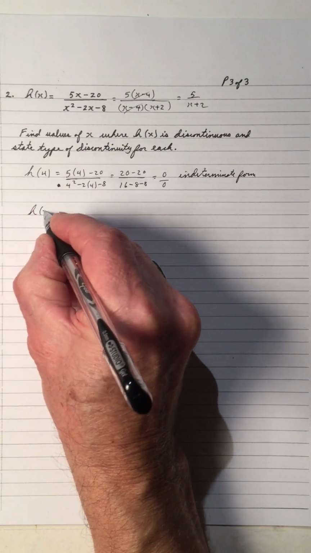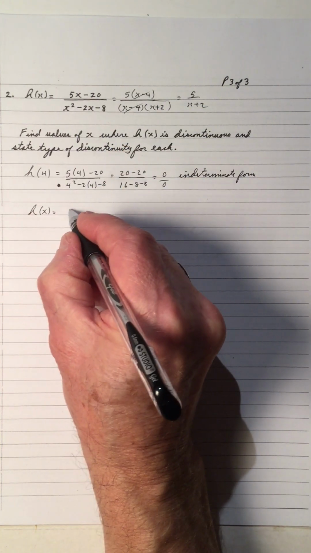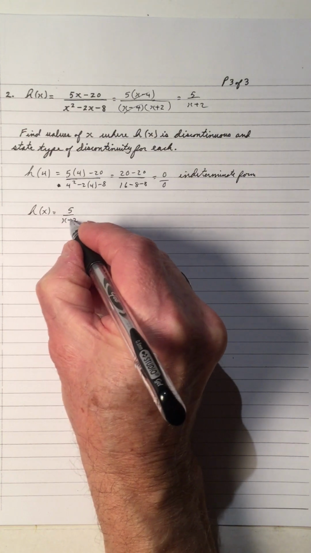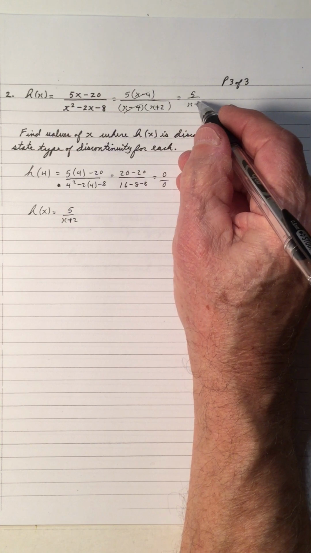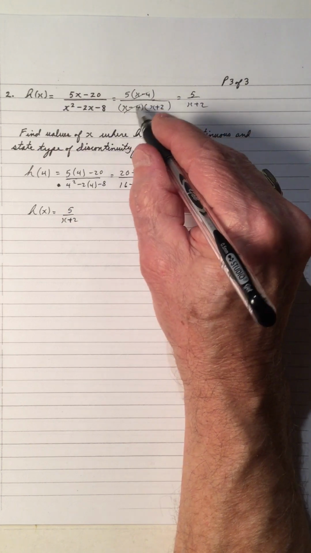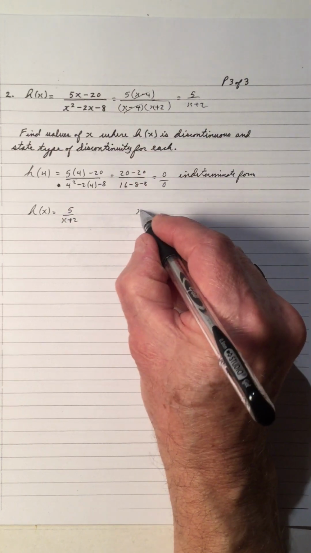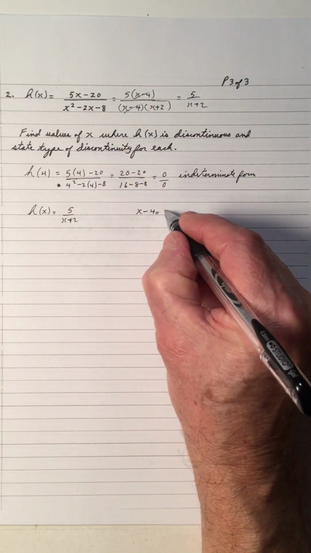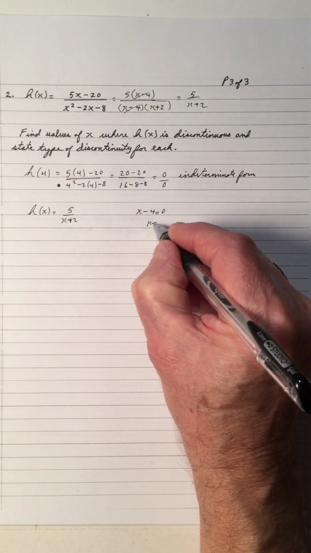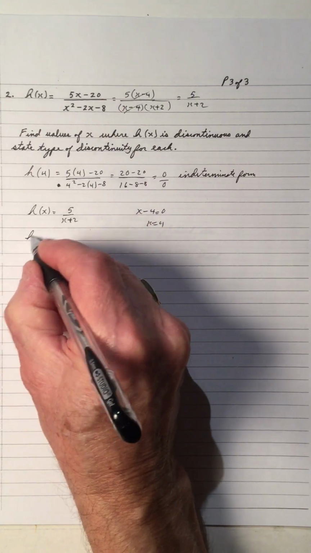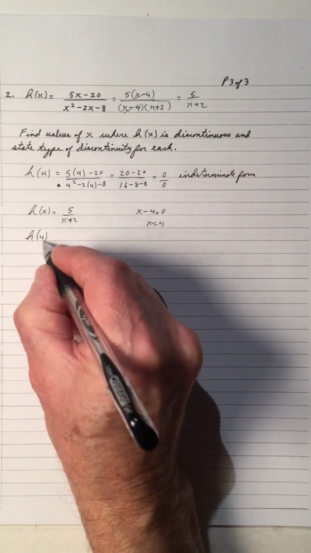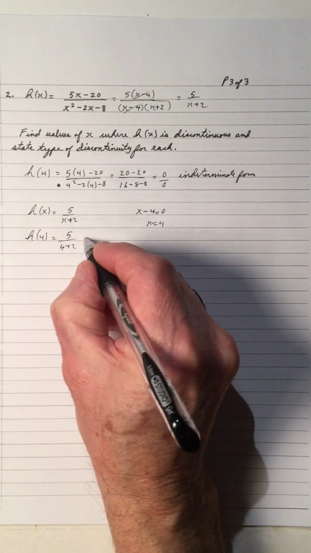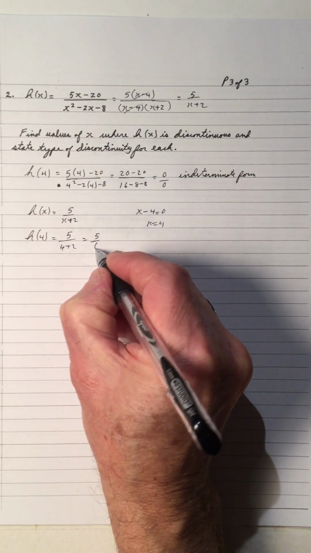So h of x is equal to 5 over x plus 2 when I simplified it, but we removed x equals 4, since x minus 4 equals 0 gives x equals 4. So h of 4 equals 5 over 4 plus 2, which is 5 over 6.